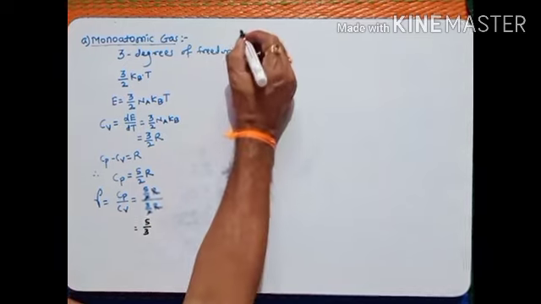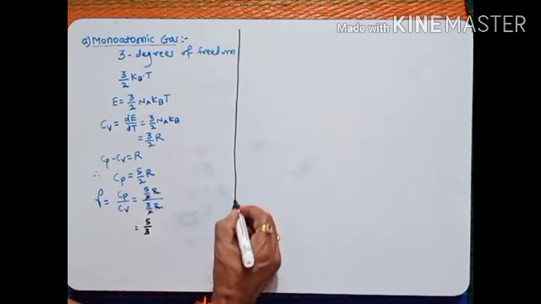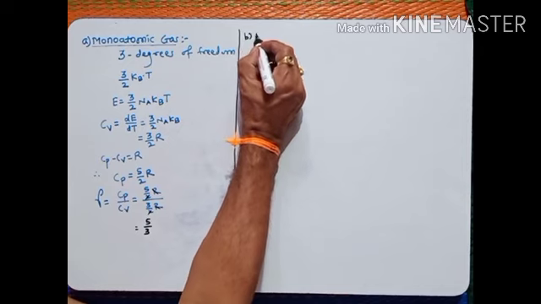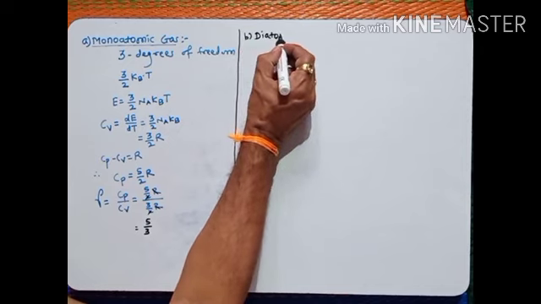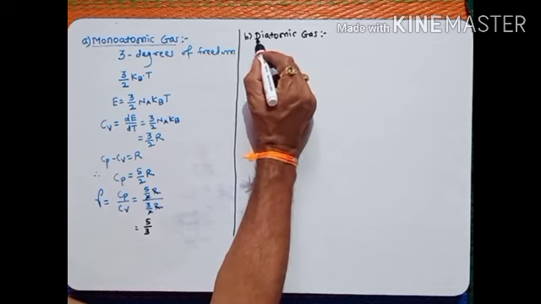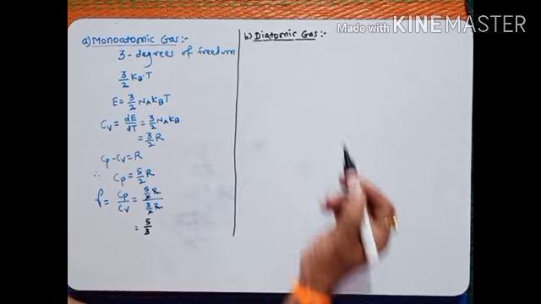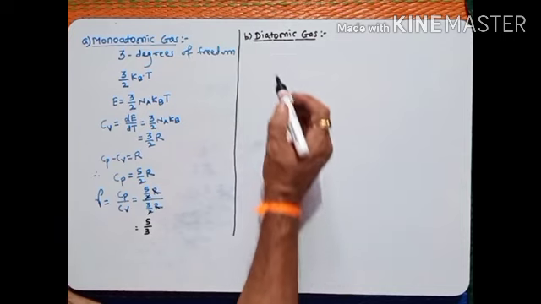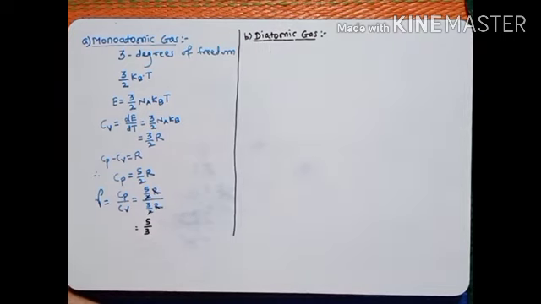Now we consider the next case, that is diatomic gas. In this diatomic gas, that means it consists of 2 atoms of the gas, we consider 2 cases: rigid and non-rigid.